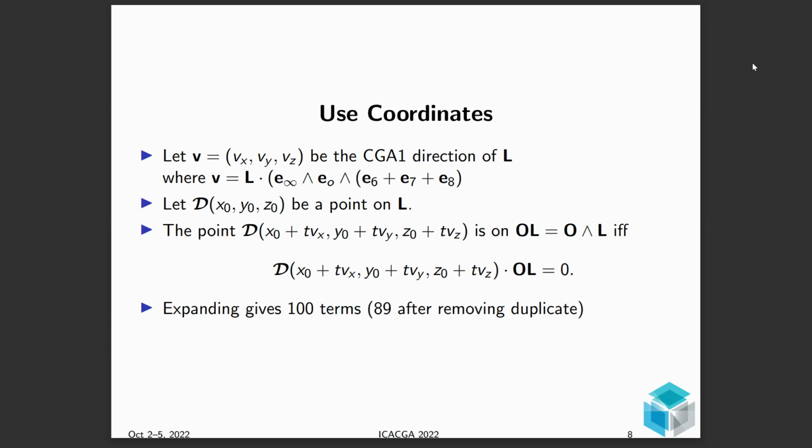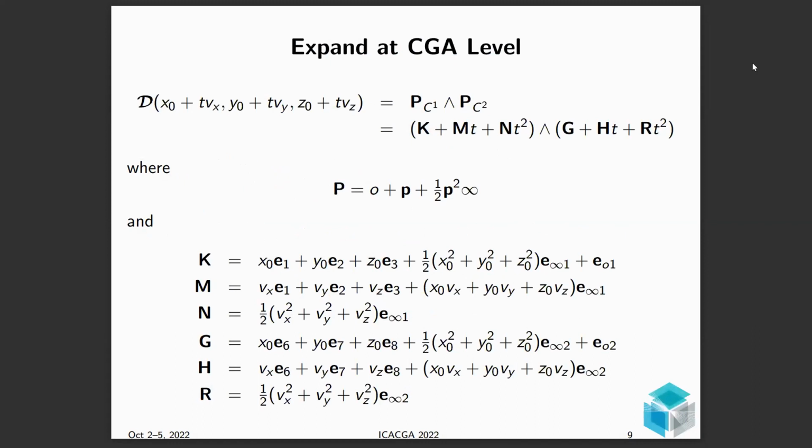Okay. So what we did instead was we used the fact that, right, the point in the double conformal model is the outer product of 2 conformal points, and each conformal point has this representation here. And when we plug our equation into here, we get a quadratic equation in T. And so K, M, and N are the constant, linear, and quadratic coefficients, and similar for the other conformal model.